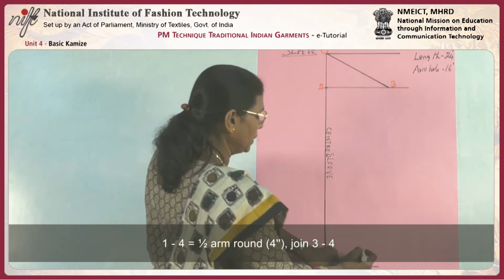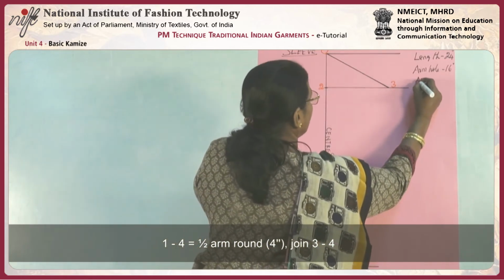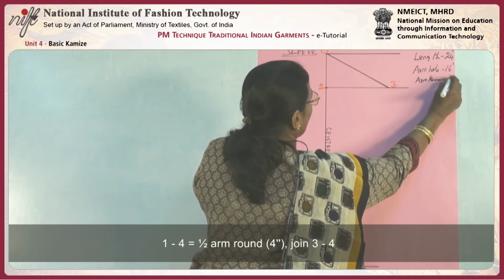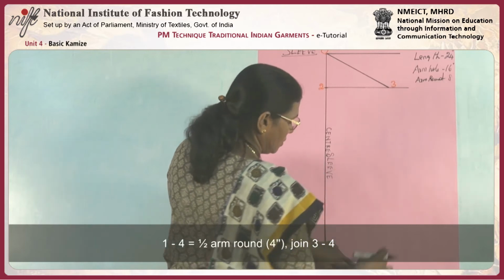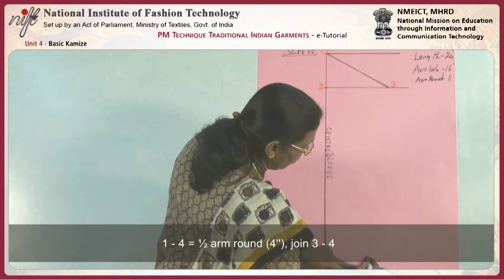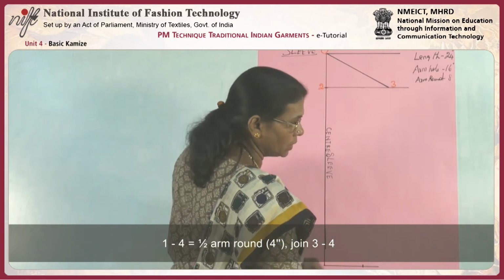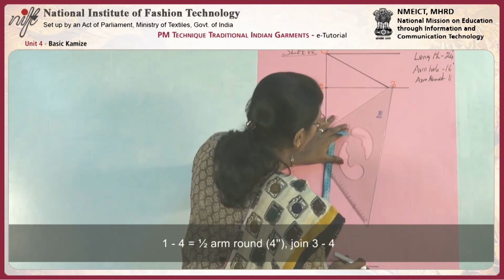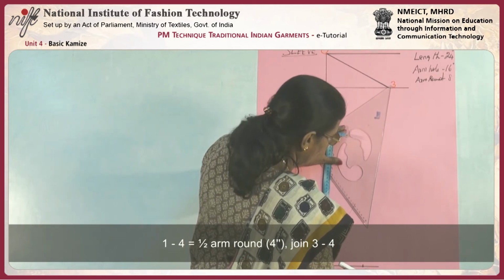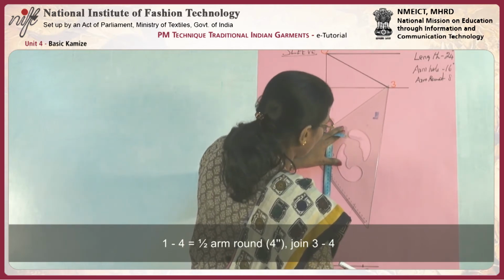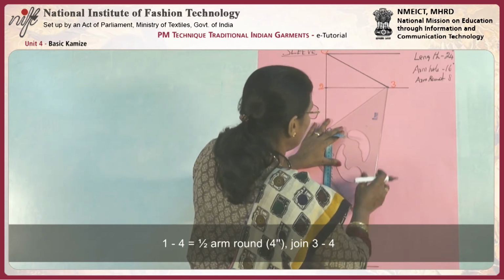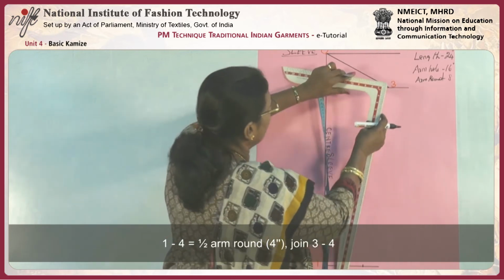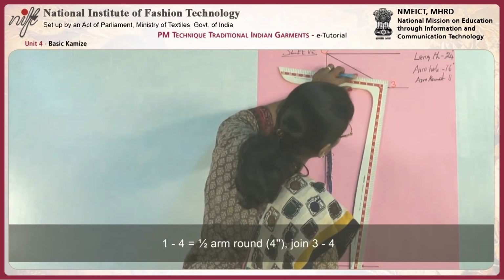The arm round is measured as 8 inches, so mark half of the arm round as 4 inches and join the side seam from 3 to 4.